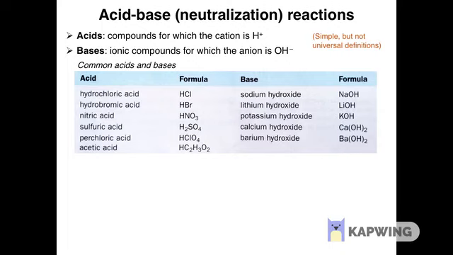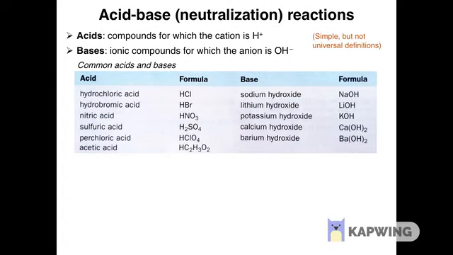The naming conventions for bases are the same as for other ionic compounds. Because per our definition, the anion in a base is always hydroxide, the names of all bases end in hydroxide. For example, KOH is potassium hydroxide, and Ca(OH)2 is calcium hydroxide.